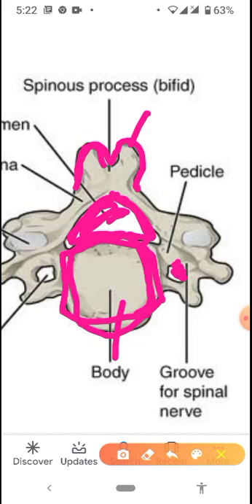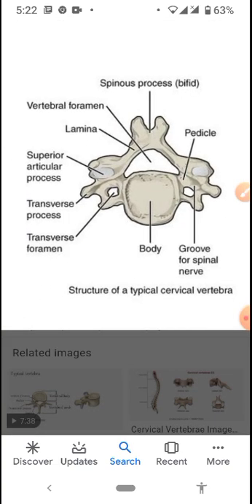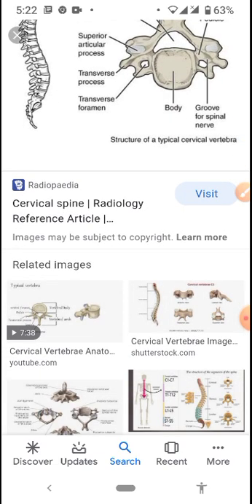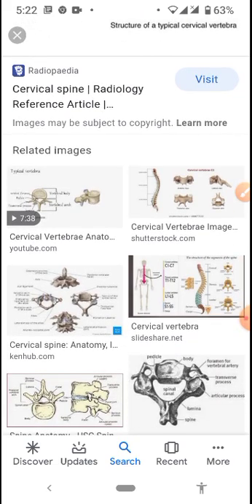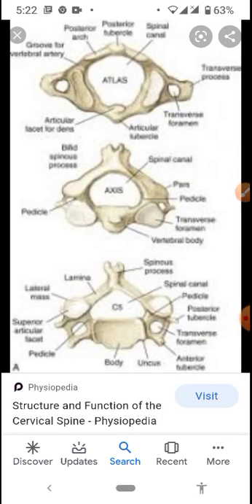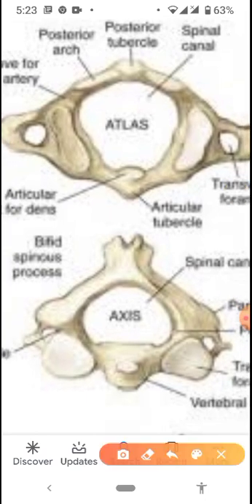Now we will go into the atypical vertebrae. This one is the atlas. C1 is called the atlas and C2 is called the axis.